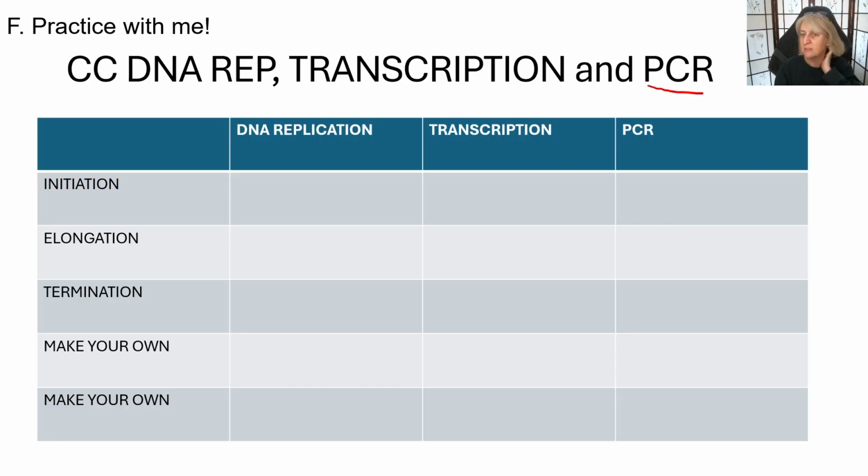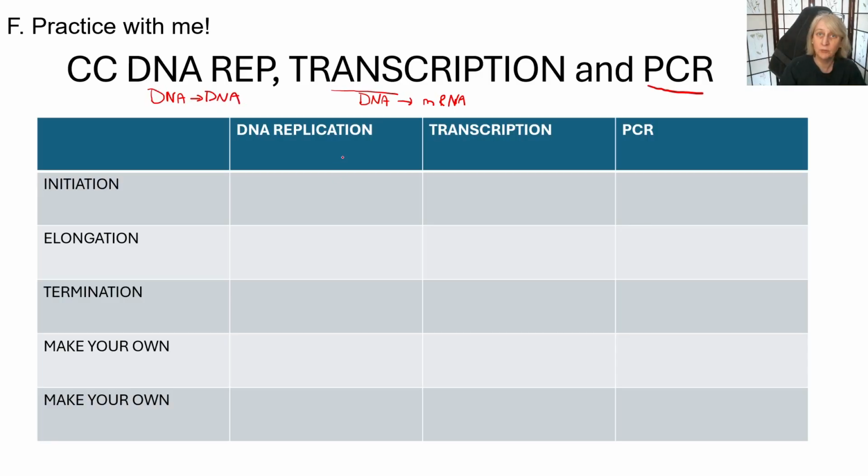This is the process of polymerase chain reaction. How I build DNA sequences in the lab when I'm trying to amplify them. Transcription is the process of going from DNA to mRNA. And DNA replication is the process of going from DNA to DNA, making a copy.